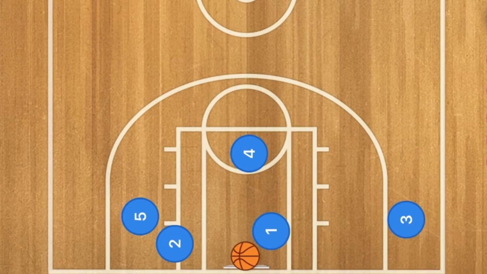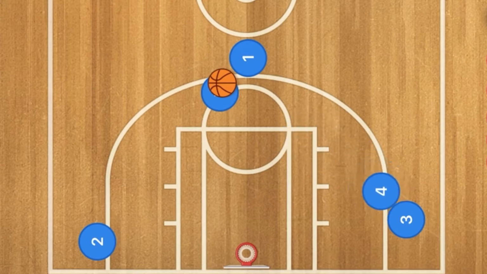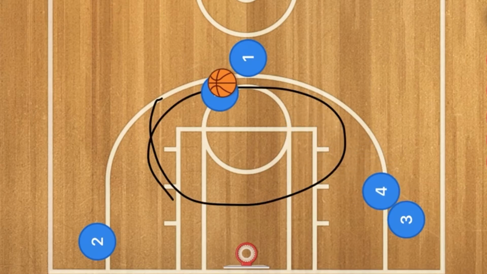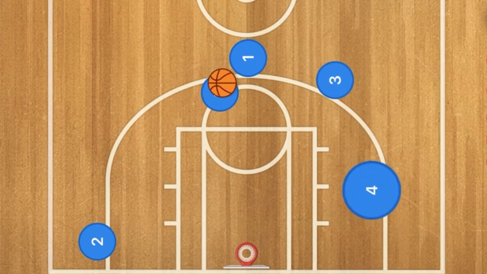Our next screen and roll basketball offense is basically a horns offense, and all it is is a screen and roll. So we're going to have player 5 screen up for player 1, your point guard, and player 4 is going to screen away for player 3. This opens up the top, as well as gets 3 open for a possible 3-point shot.